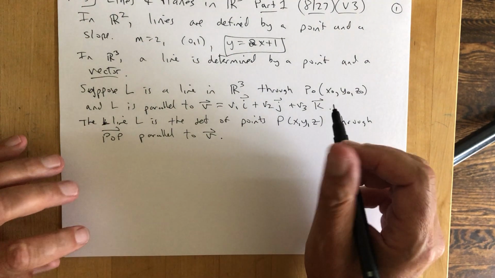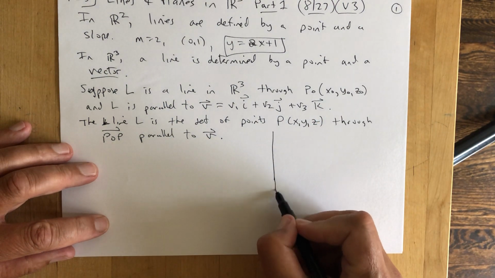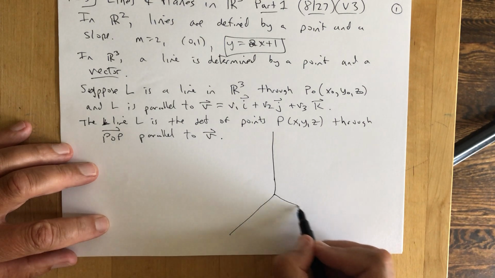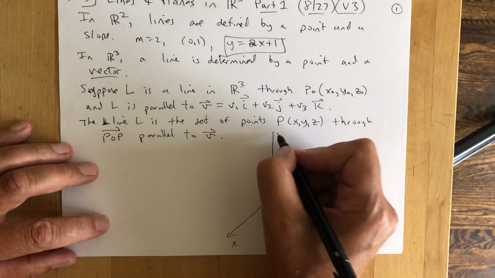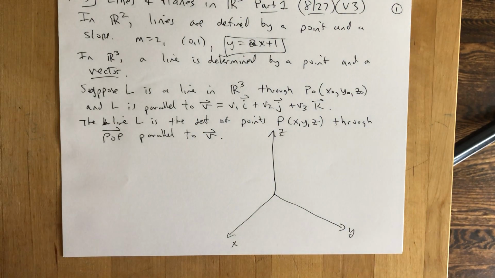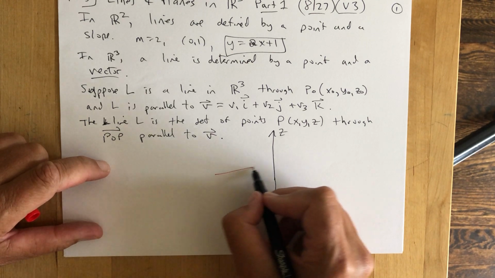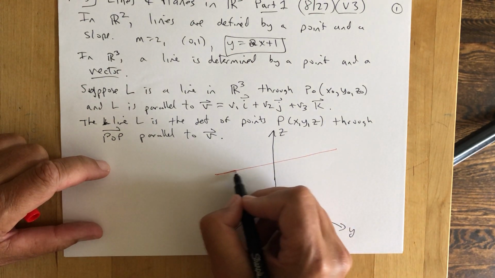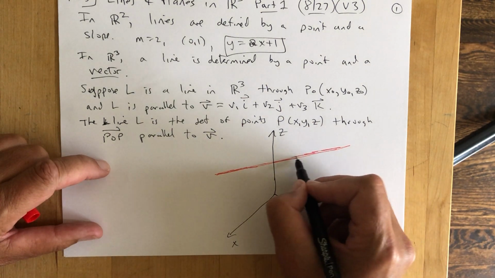And so here's the picture. There's x, there's y, there's z. Here's my line L. It goes like this. I'll make it as thick as I can and still be a line.